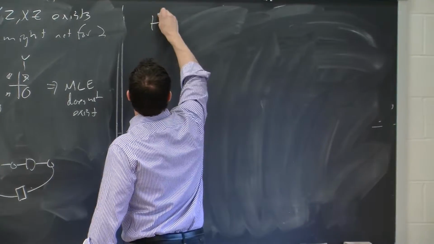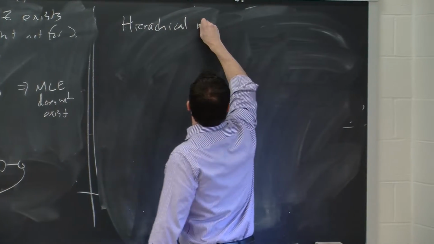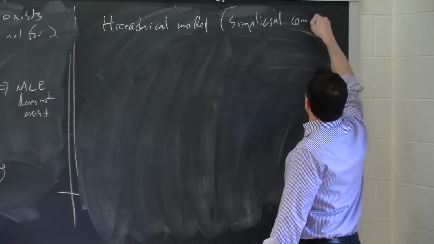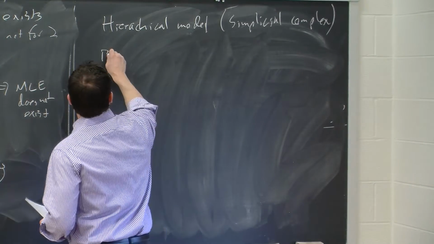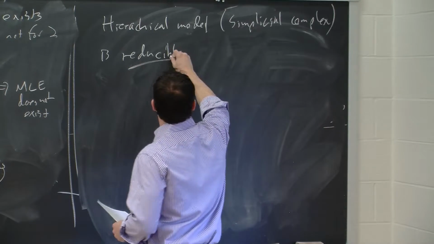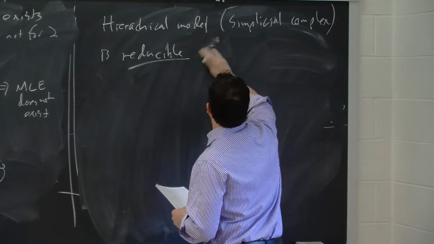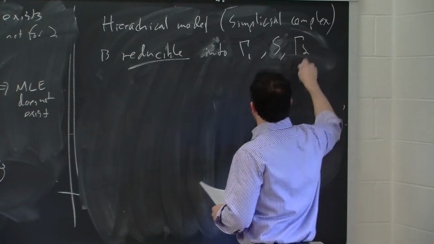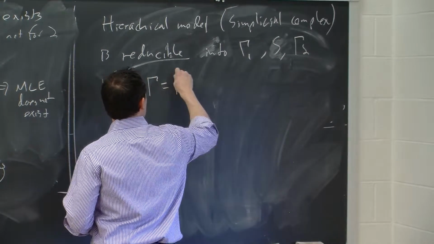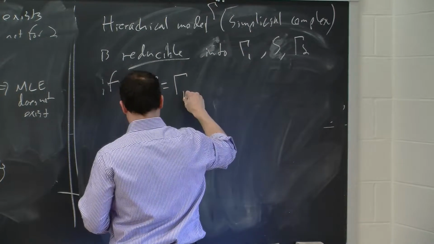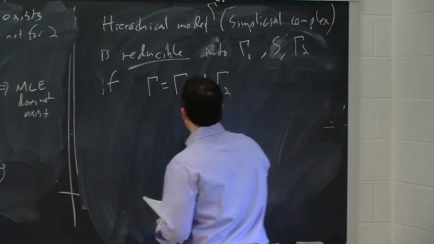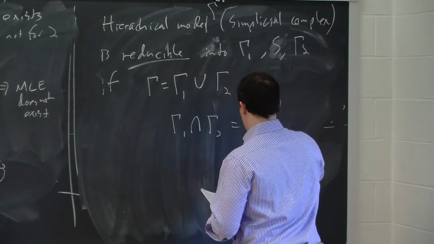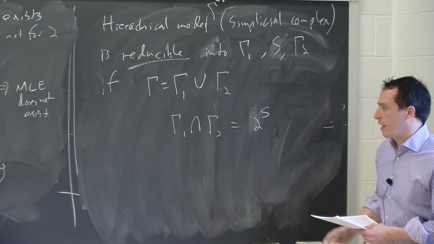So the definition is that we call a hierarchical model, or a simplicial complex, because that's the data that we're interested in right now, doesn't matter how many states there are, reducible if it is reducible, say, into submodels gamma 1, gamma 2, if gamma, the hierarchical model of gamma, is equal to the union of these two, and the intersection is a simplex on S.